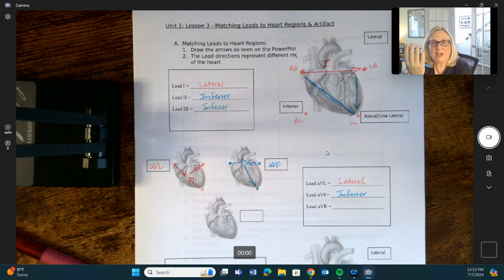So if I see a P wave that's inverted upside down in lead 2, that's inferior. That means something's going on in the inferior leads. I need to check leads 3 and AVF as well to see if they also have an inverted P. Now, if 2 of the 3 have changes, it's considered a change and something's up.